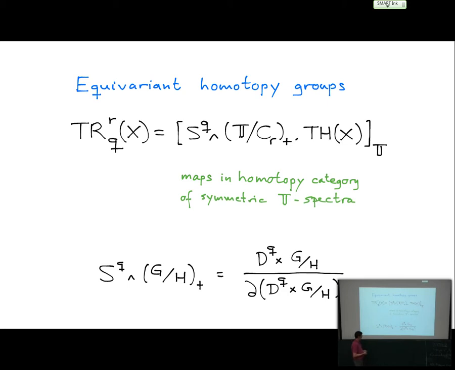In equivariant homotopy theory, every equivariant homotopy type is built out of cells that look like this, so a disk with trivial action crossed with such a canonical orbit. And so if we take this cell modulo its boundary, that can be written like this. It's this q-sphere smash this canonical orbit with a disjoint base point added.